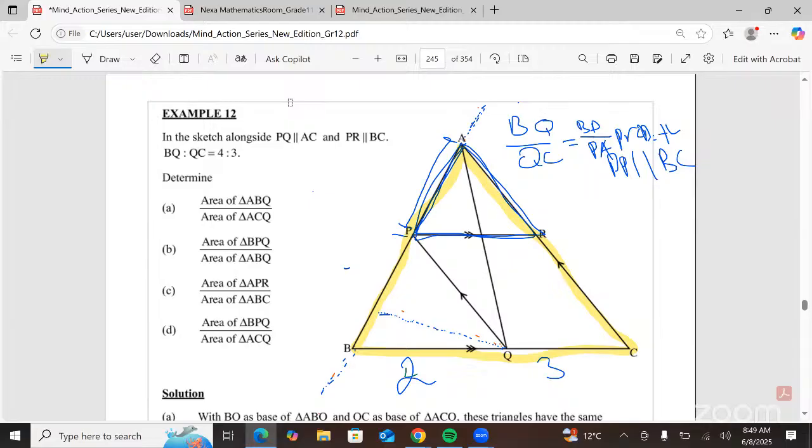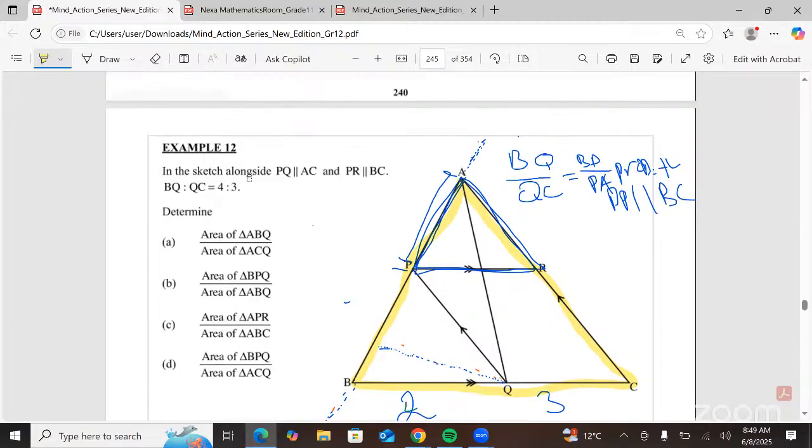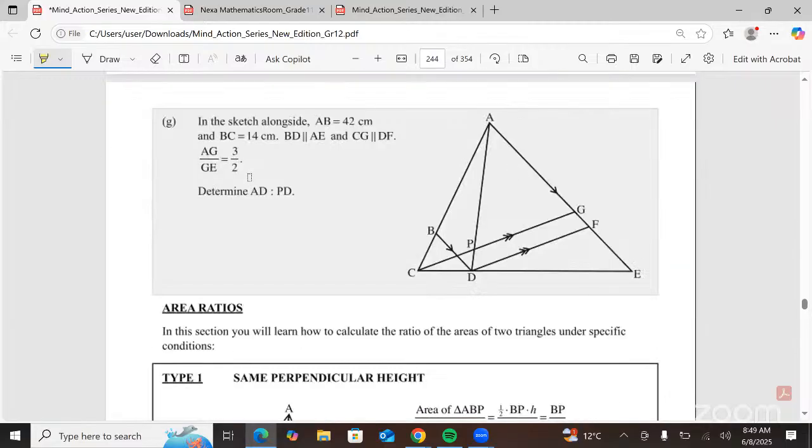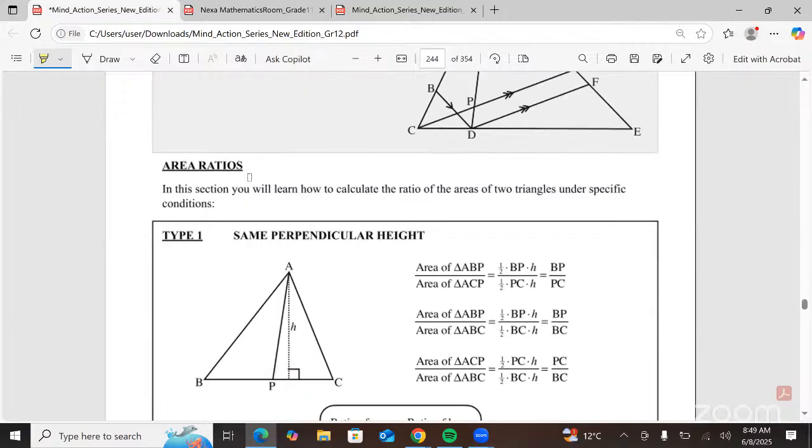Is there anyone with some idea, guys? Using those types that we talked about, we have type 1 here, we have type 2.